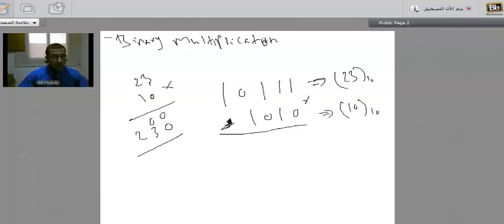Then you add them up, and you'll have 230. The same idea applies to binary. So let's start again. 0 times the whole number above, obviously it will be zeros. So we're going to have 5 zeros in here.